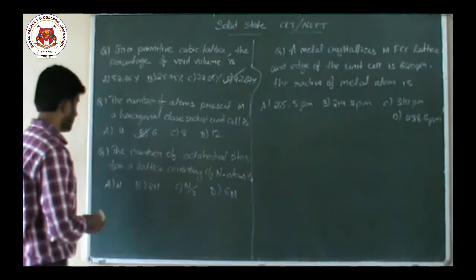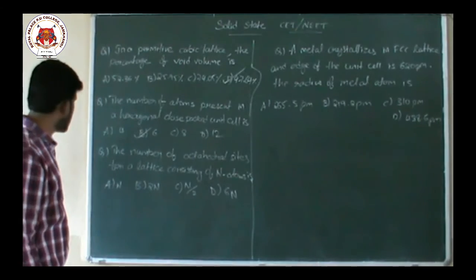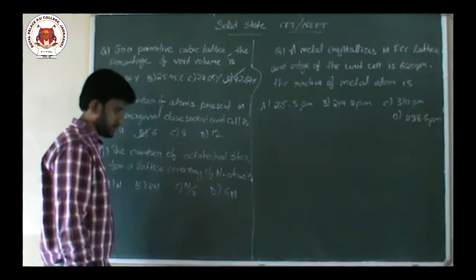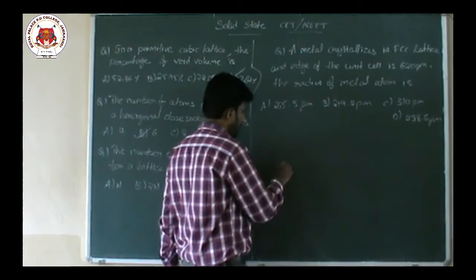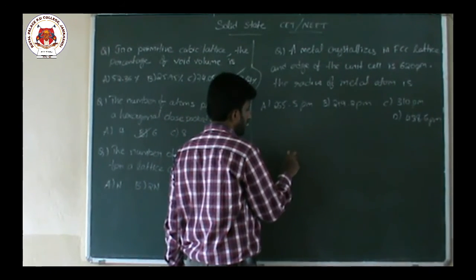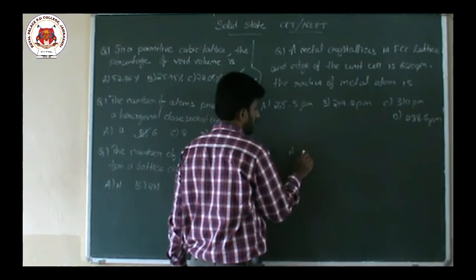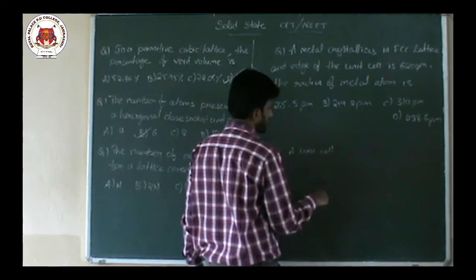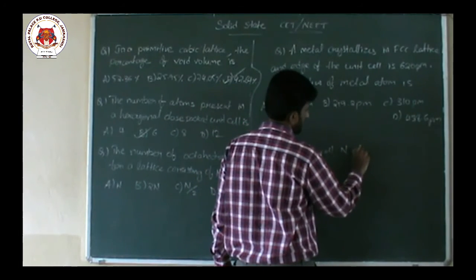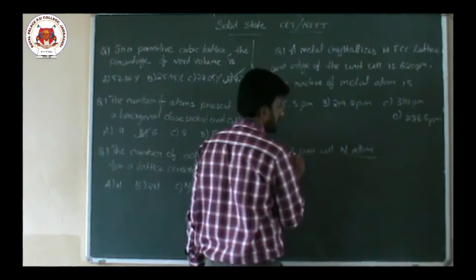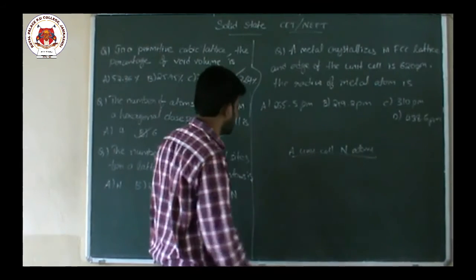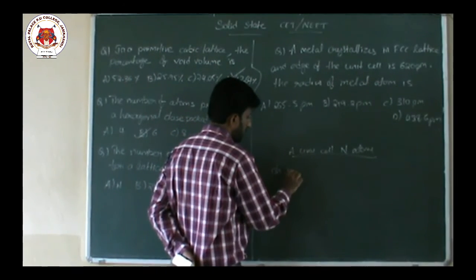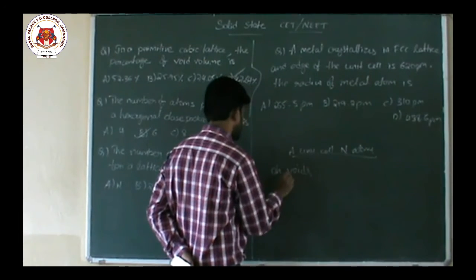Next. Number of octahedral sites for a lattice consisting of n atoms is. Now you know the formula: if a compound or a unit cell contains n atoms, then what is the formula for octahedral voids and for tetrahedral voids?